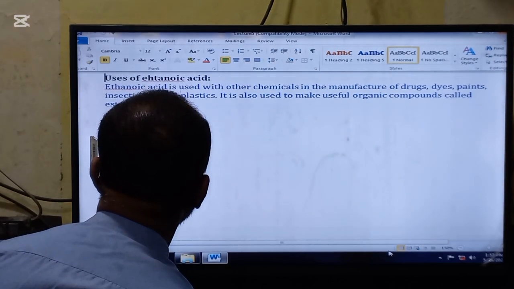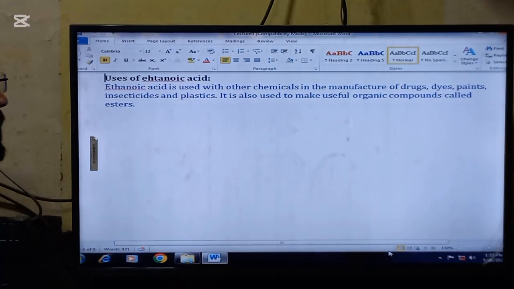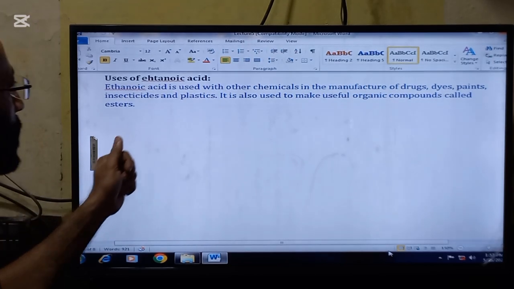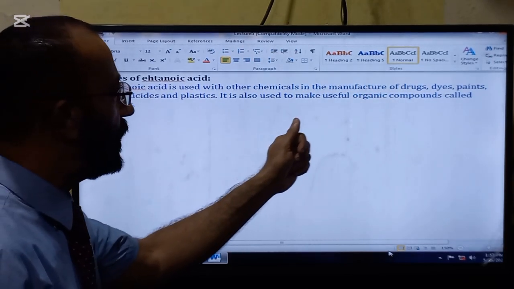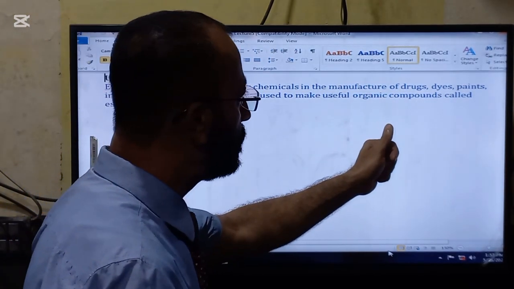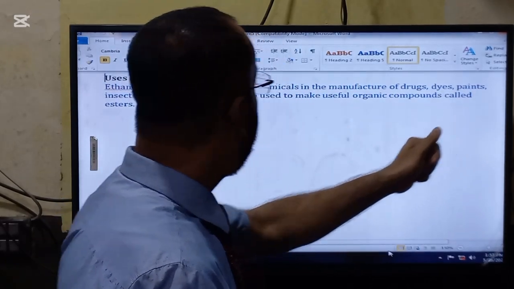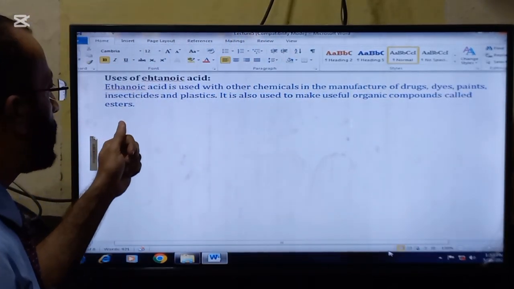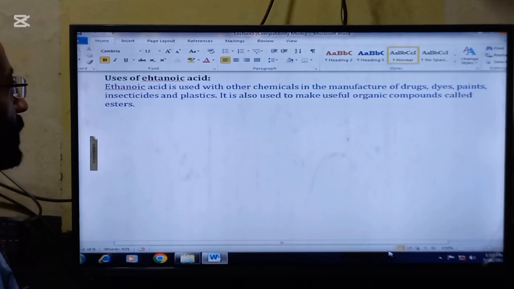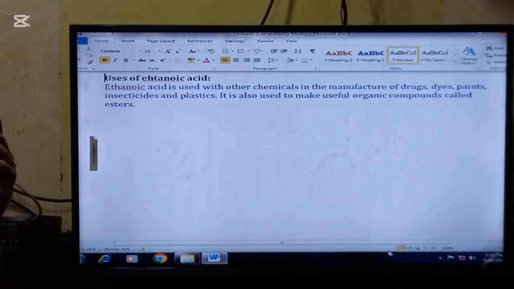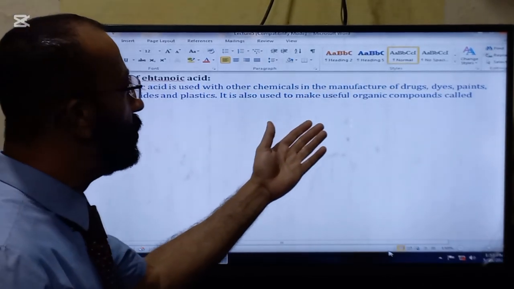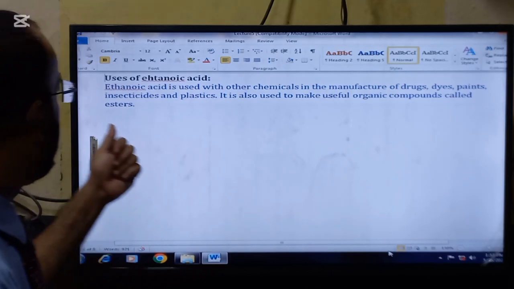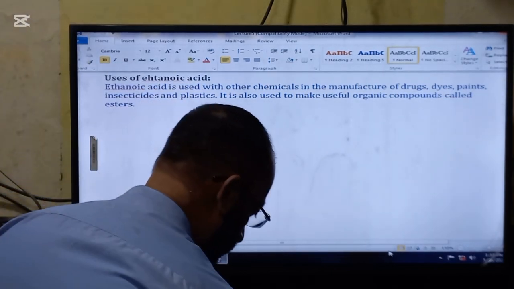Now, we are going to read some uses of the ethanoic acid. Ethanoic acid is used with other chemicals in the manufacture of the drugs, dyes, paints, insecticides, and plastics. It is also used to make useful organic compounds called esters.